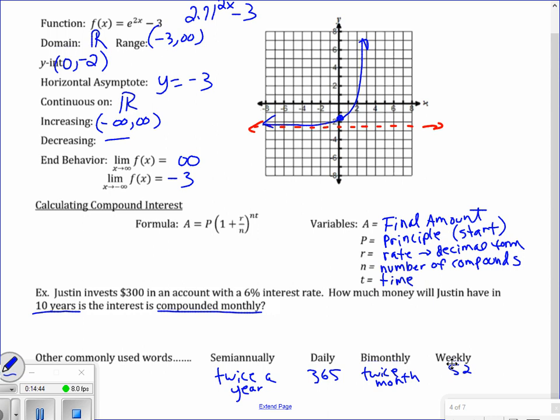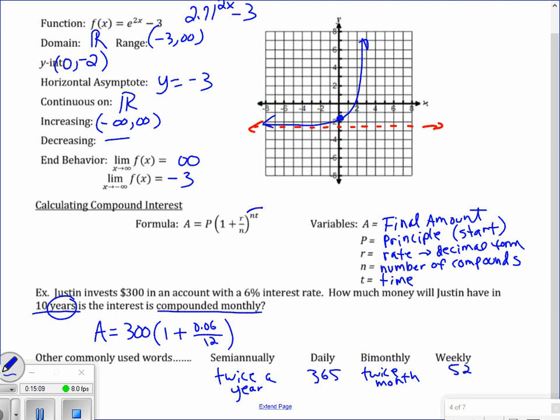I want to know how much money Justin's going to have in 10 years. So my final amount is, his principal is $300. All right, I got my formula, 1 plus, the interest rate is 6%, so you had to put 0.06 over n. Now, n is the number of times I'm compounding. My unit is years, so monthly would be 12 times a year, so I put a 12.